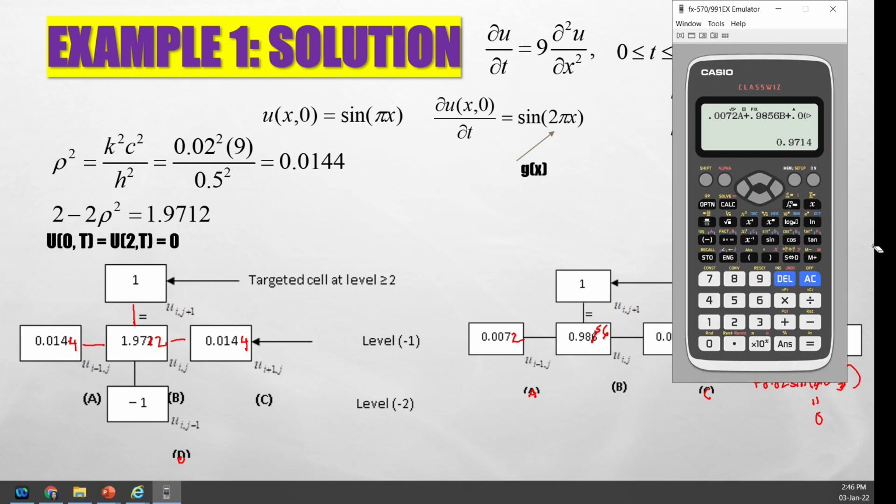Then we key in the molecule for the three level scheme. This one I can delete.